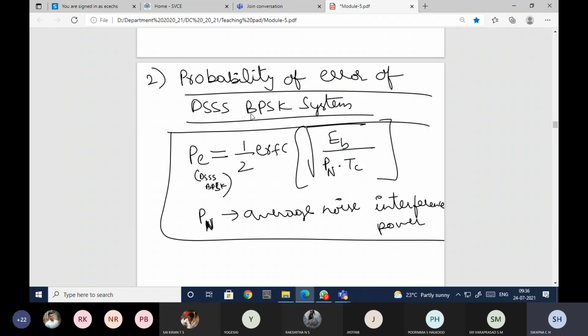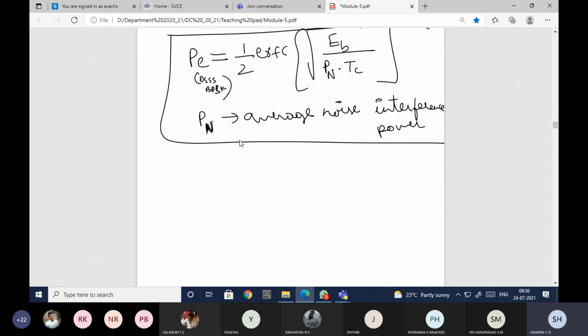It is a BPSK system, but we are using the spread spectrum techniques. That is the thing. Whatever equation I've taken, it is DSSS BPSK. Now let me consider I am not spreading it.